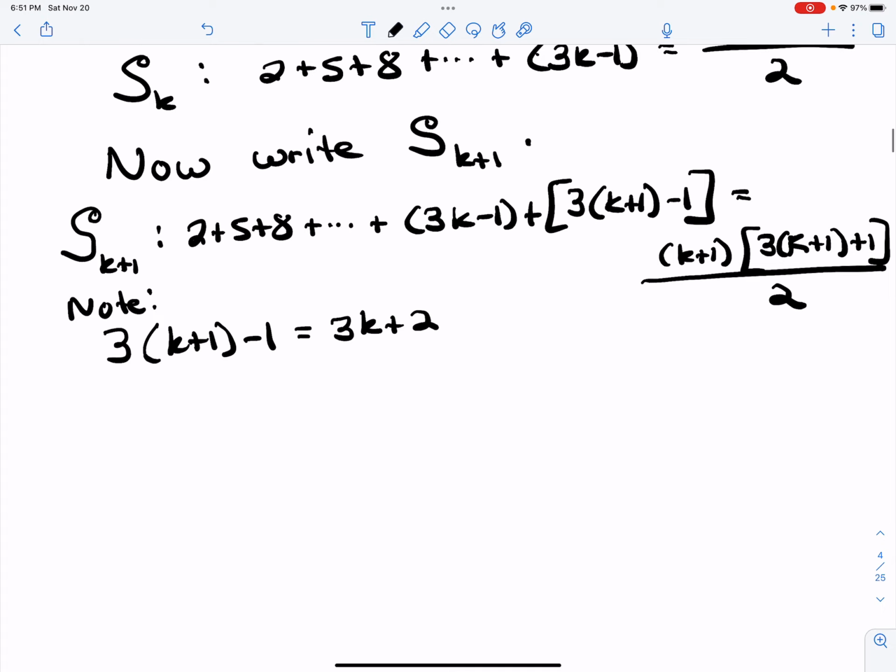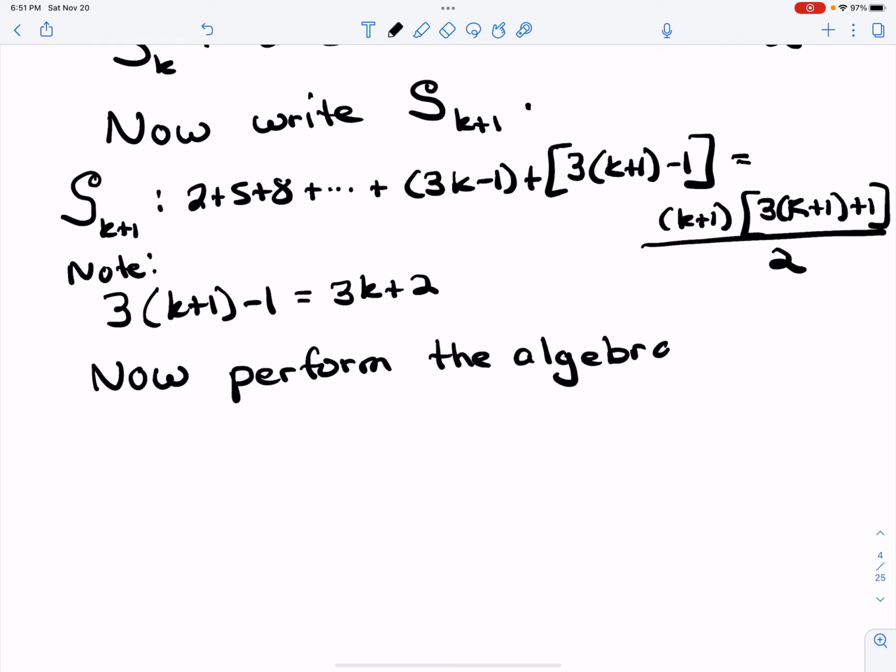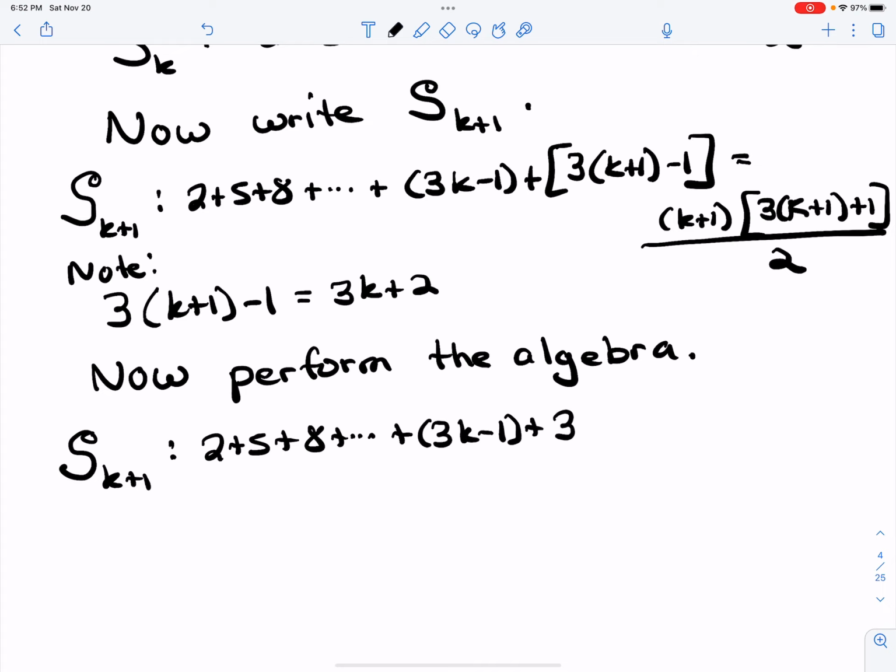All right. So now for the algebra. We're going to go back to S sub k plus 1. We know that's 2 plus 5 plus 8, etc., plus 3k minus 1 plus 3k plus 2.